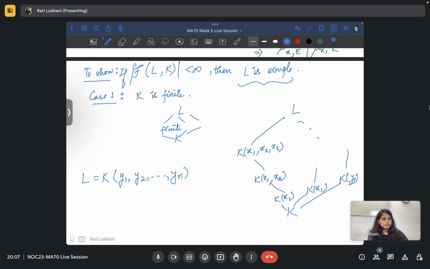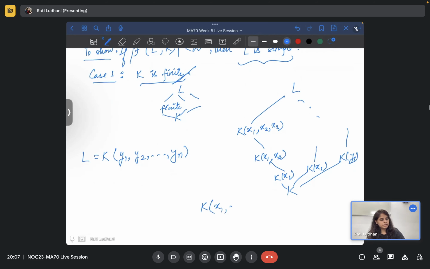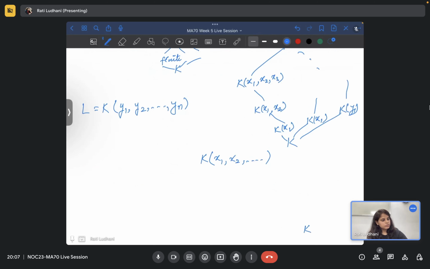Even finiteness we are not using right now. I'm saying, if you have L, you have K, and there are finitely many intermediate fields in between, then it will be of the kind K x1. So for example, if this is infinite, then you will also have this chain, because if these are not equal, then this will go up to this infinite thing.